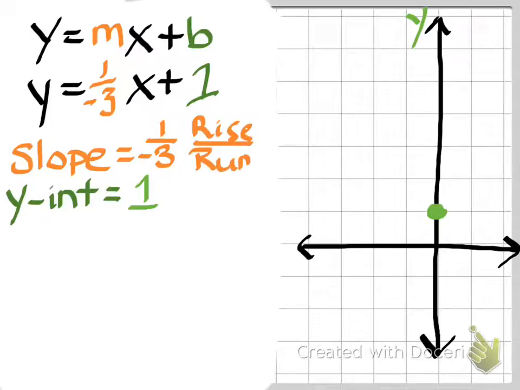I'm going to rise positive 1, so that would be up 1, and then run negative 3, so that's to the left. 1, 2, 3. Here's my point. Take my ruler, draw a straight line that goes right through the 2 points. And then I just put arrows on the ends, and I am done.